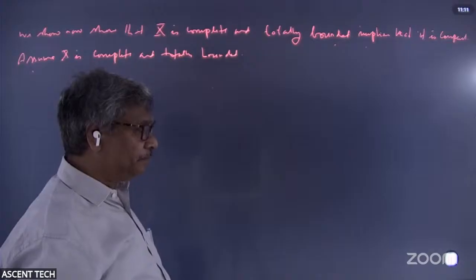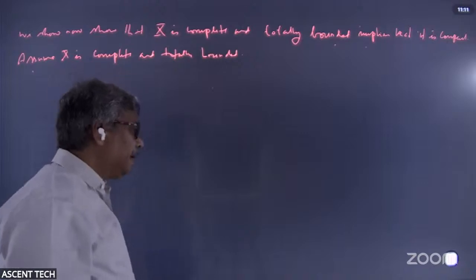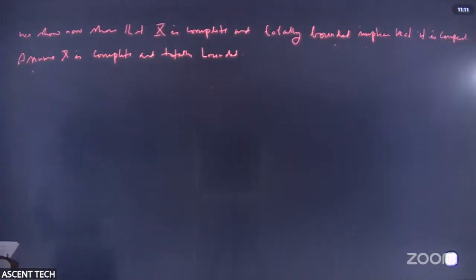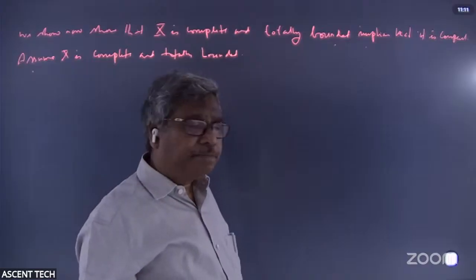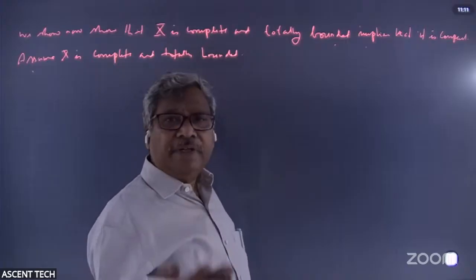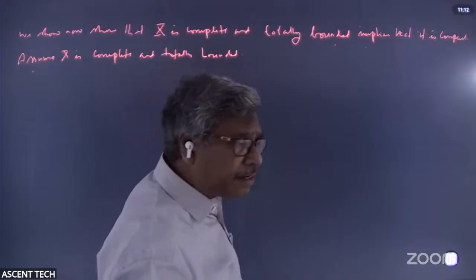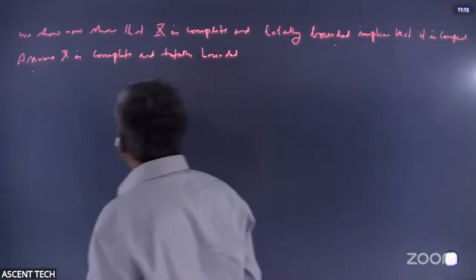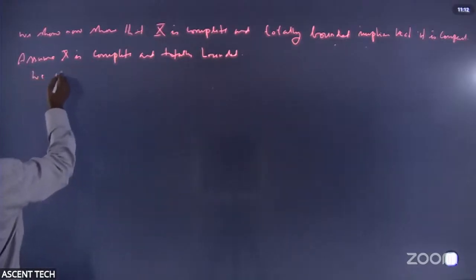I have to show that every open cover admits a finite subcover. Otherwise I can show sequential compactness. Sequentially compact means I have to show that every sequence has a convergent subsequence. That finishes the problem.